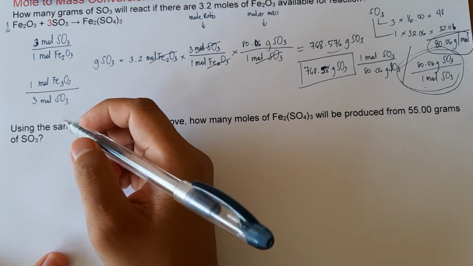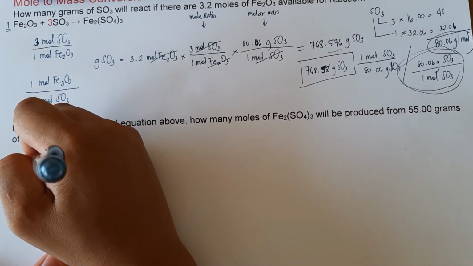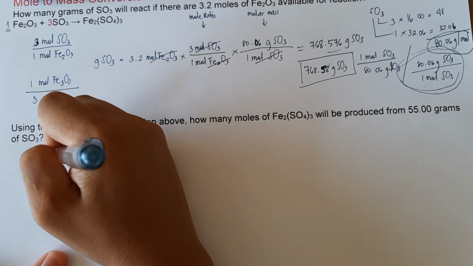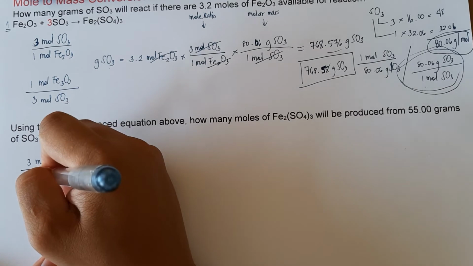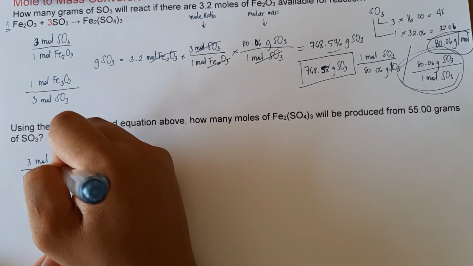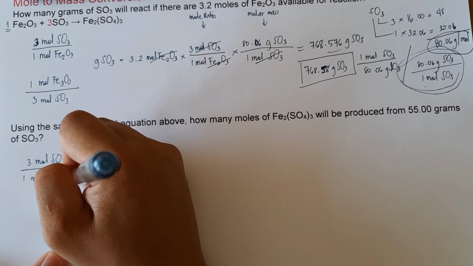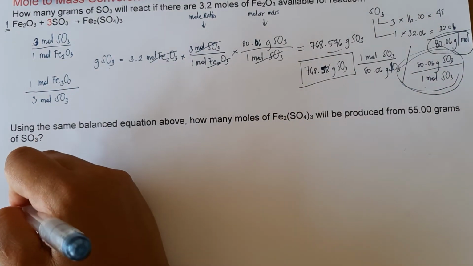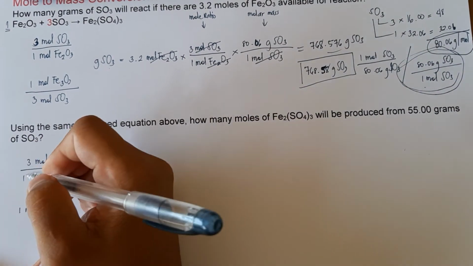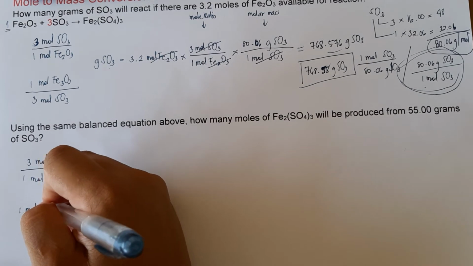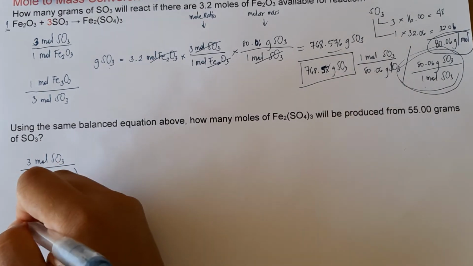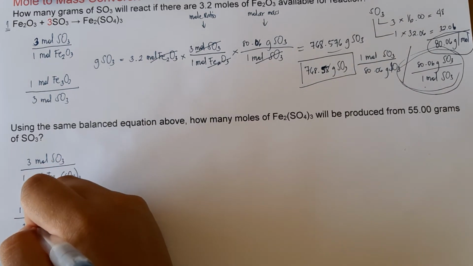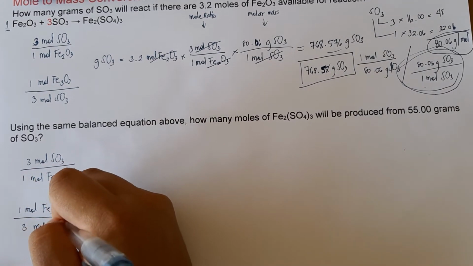So, the possible mole ratio that we will be using is 3 moles of SO3 over 1 mole Fe2(SO4)3, or pwedeng baliktad. So, that will be 1 mole Fe2(SO4)3 over 3 moles SO3.